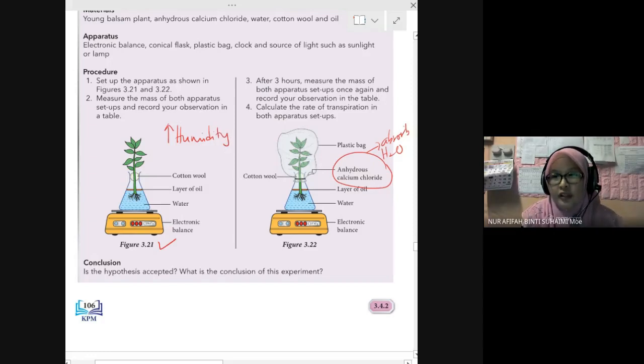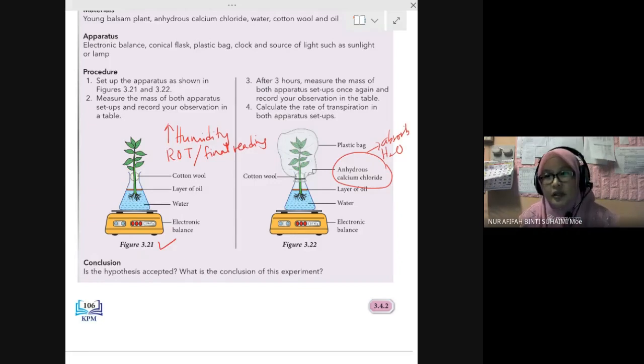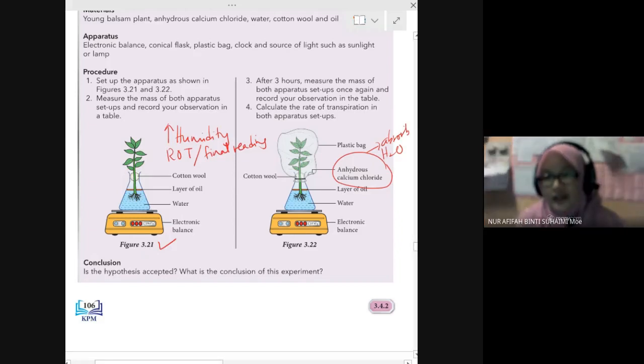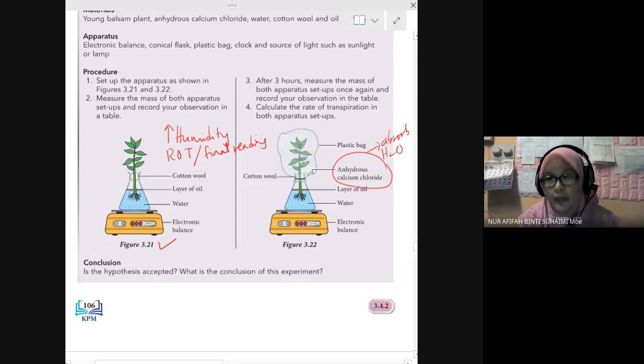If humidity increases, what happens to the rate of transpiration? I only just asked about the final reading. It becomes slower or faster? And what happens to the final reading, or the mass of water absorbed, increase or decrease?